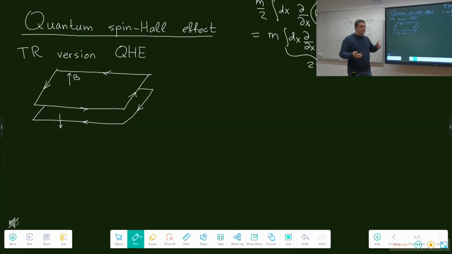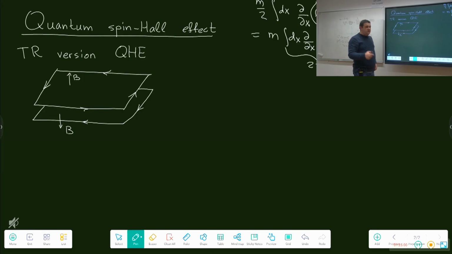So this system is almost time reversal symmetric. It has this thing and that thing. If I reverse time, I interchange them. Yeah, I flip the system. B up becomes B down, and vice versa. So this system actually is not time reversal symmetric. It's just a combination of two quantum Hall effects.